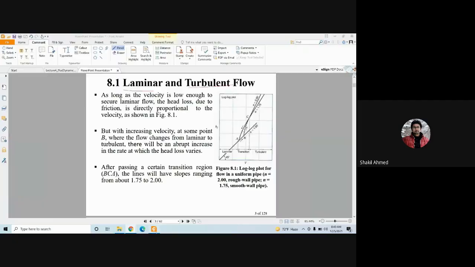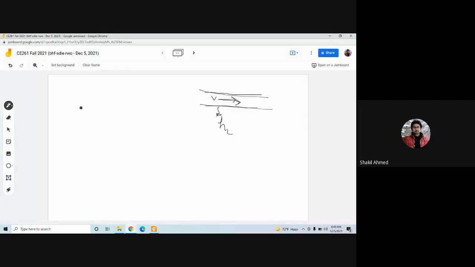Now if we observe how this head loss changes with the velocity, we will see this. Can you see this plot, guys? Yes, sir. Let's say you have velocity here and head loss here. For a particular velocity 10, you have a head loss 2, let's say.